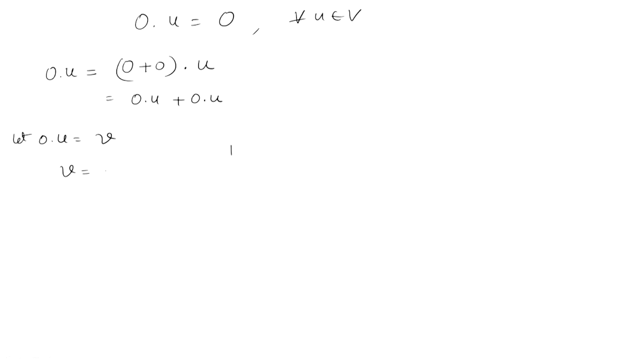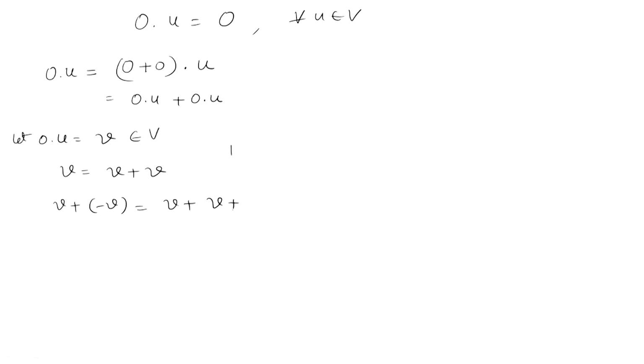You can see 0 dot u is 0 for all u in V. Then it is (0 plus 0) dot u. This is a real 0, and 0 plus 0 is again 0. So, this is 0 dot u plus 0 dot u by the property of a vector space. Now, if you take 0 dot u as v, then it is simply v equals v plus v, and v is an element in the vector space V. So, its additive inverse exists.